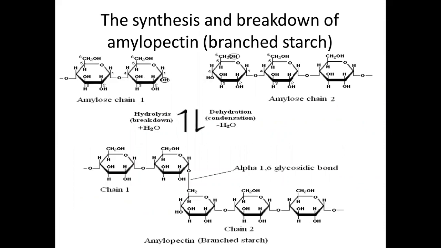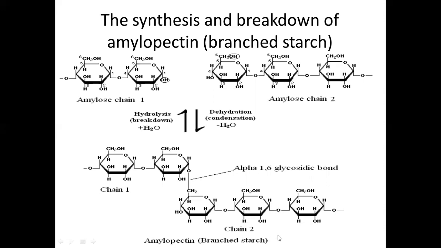So this is the synthesis through dehydration reaction and the breakdown through hydrolysis. So you have amylose chains. Through the process of dehydration, we have the formation of this alpha 1,6 glycosidic bond.